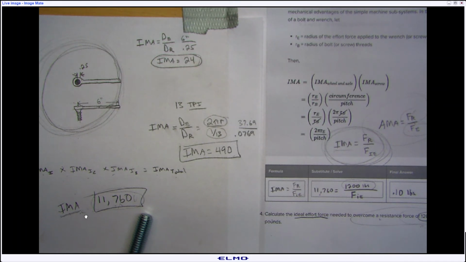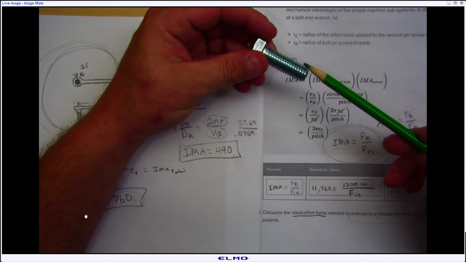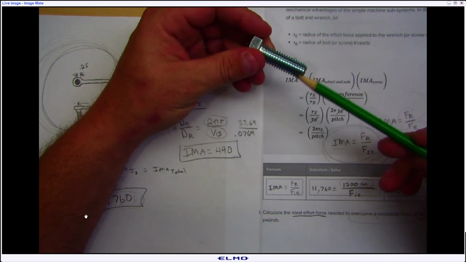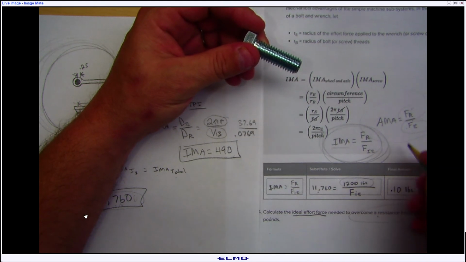Very, very impressive. Now, I will tell you from experience that there's a tremendous amount of friction involved with fasteners, so you would not see a very high efficiency in fasteners.